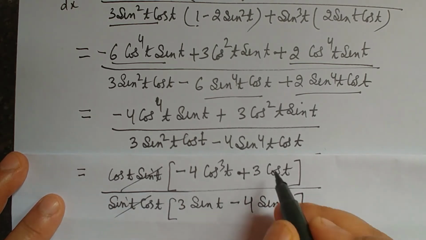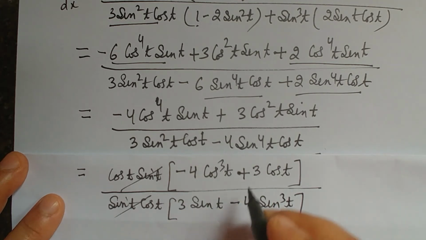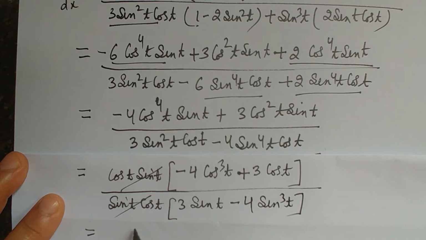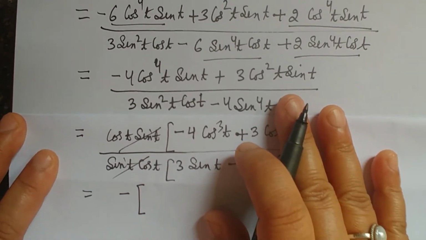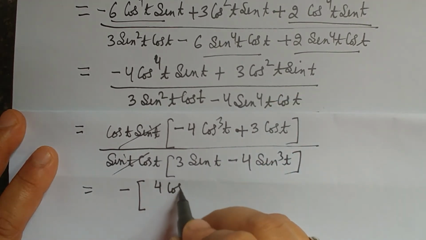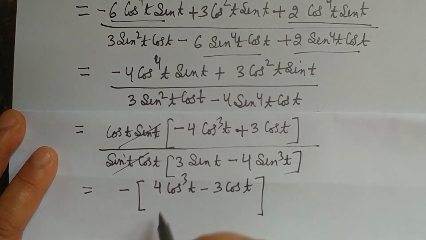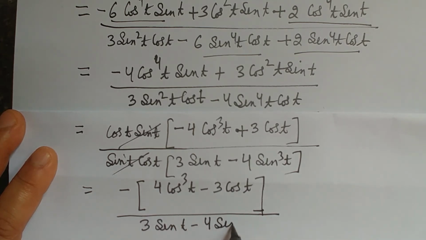Now just arrange it a bit, and if you see, you are having two formulas. Let me arrange it: if I take minus sign common, it will become 4 cos cube t minus 3 cos t, and 3 sin t minus 4 sin cube t.